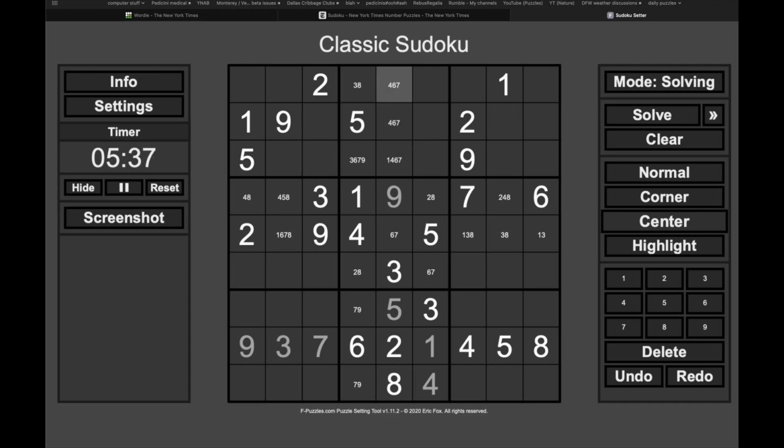Neither is that. Well, this isn't 9. It was already in here. Let's see, these two cells are definitely having a 3 in it.